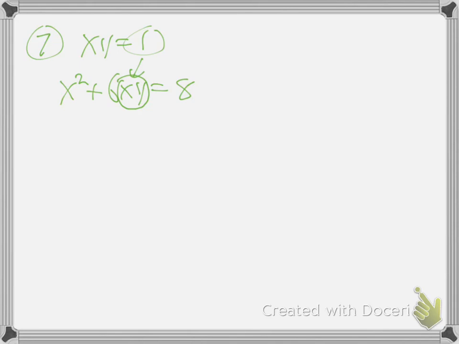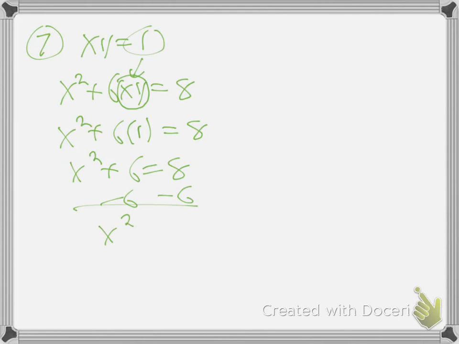It equals 1. So we'll get x squared plus 6 times 1. So x squared plus 6 is 8, subtract 6. x squared is 2. Root it, plus or minus. When you put a roof on the house, up and down the ladder. x is plus or minus root 2. So we got x. We still need to get y, so we're going to have to plug x in to get y. Good so far?